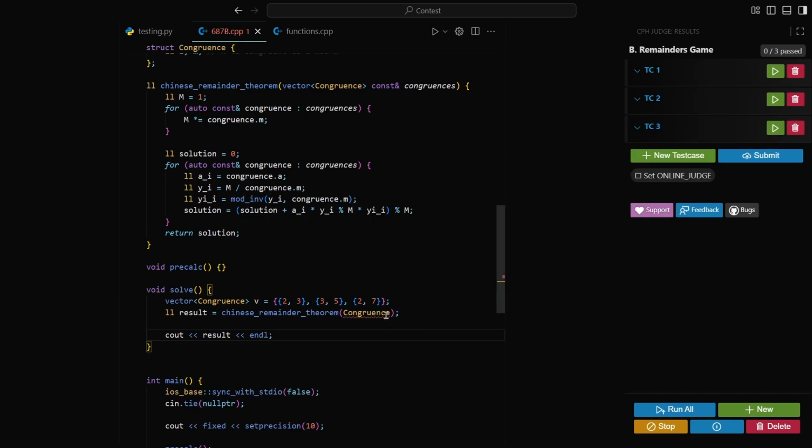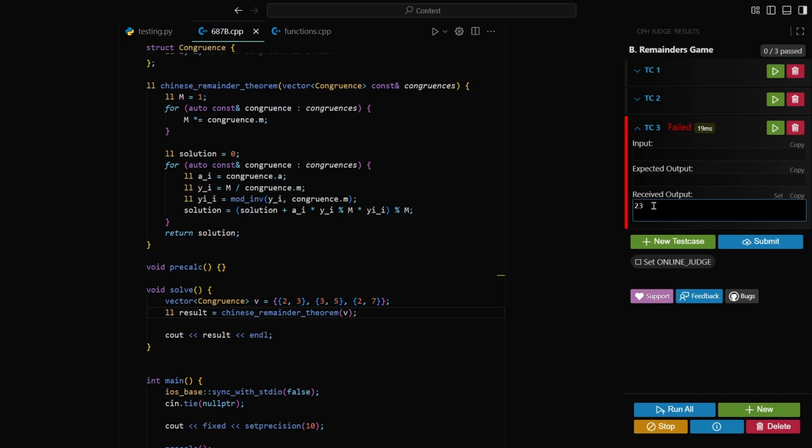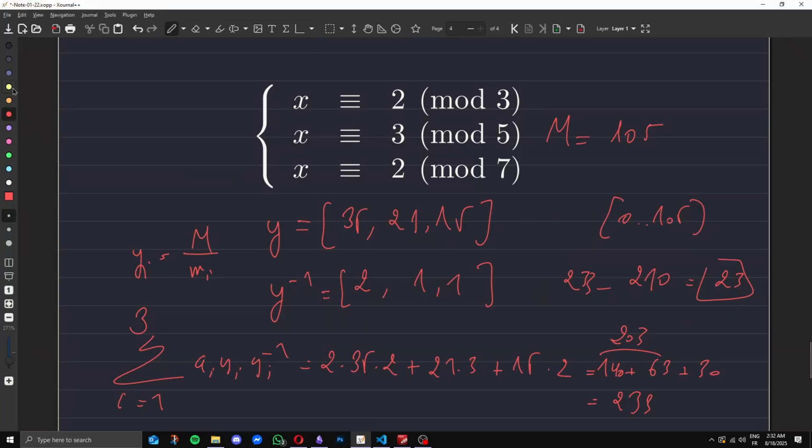Yep, 23. Alright, so our solution is correct. And the rest of the solutions here are going to be of the form 23 plus q, some integer, times m, which is 105. Okay.